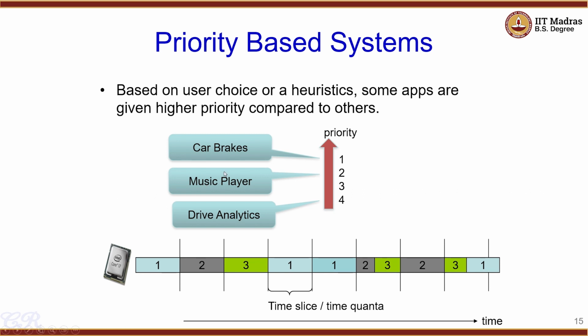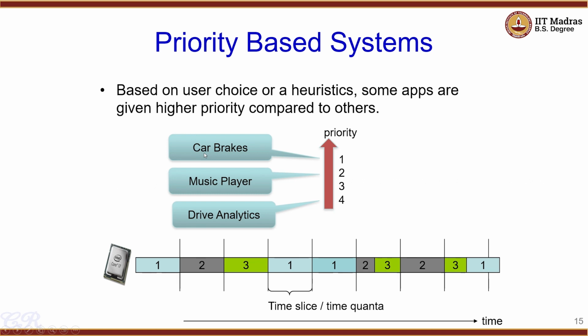So here we have the operating system, which not just should manage the CPU resource that is present, but should also be able to manage it in a way such that the requirements of the applications are essentially fulfilled, right?